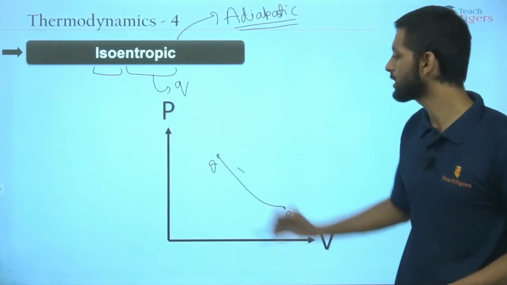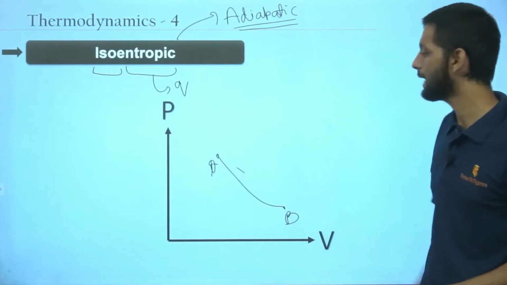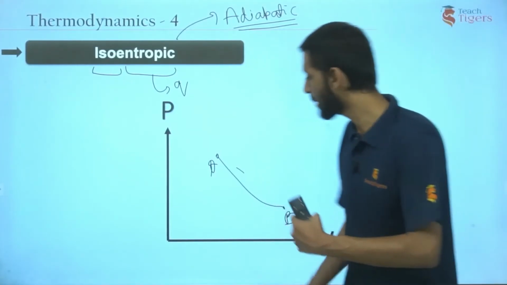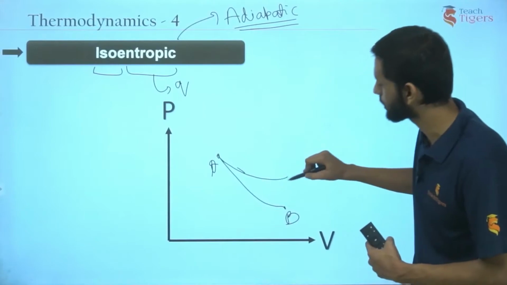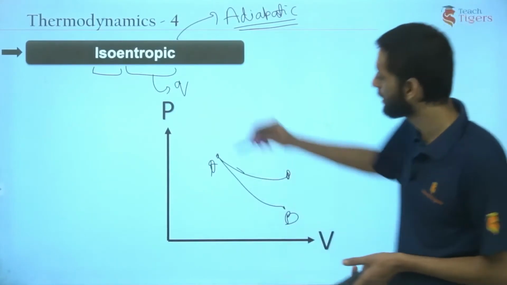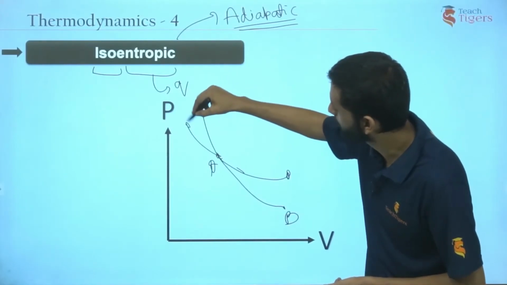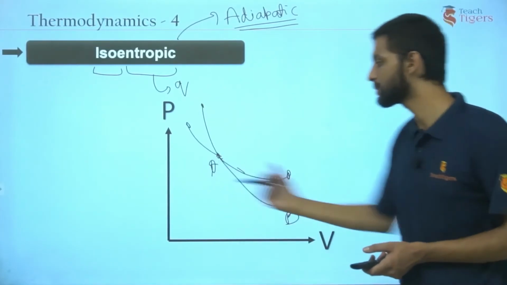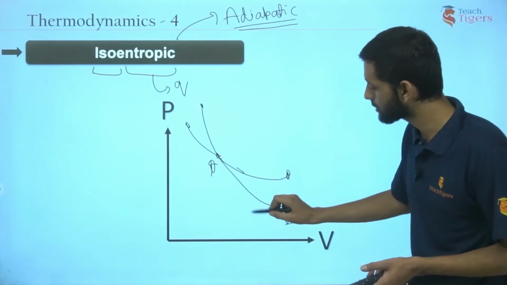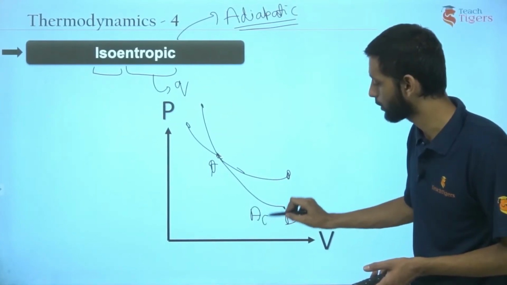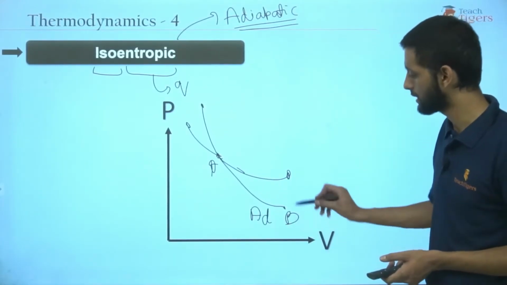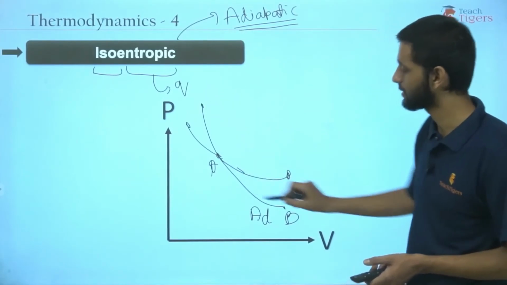So how do I differentiate between an isothermal and an adiabatic process? If you're expanding, the isothermal process goes above. If you're compressing, the isothermal process goes below. So you have to remember this kind of graph. If you're expanding, this is my adiabatic process. I'm going to write AD over here. This is my adiabatic process.